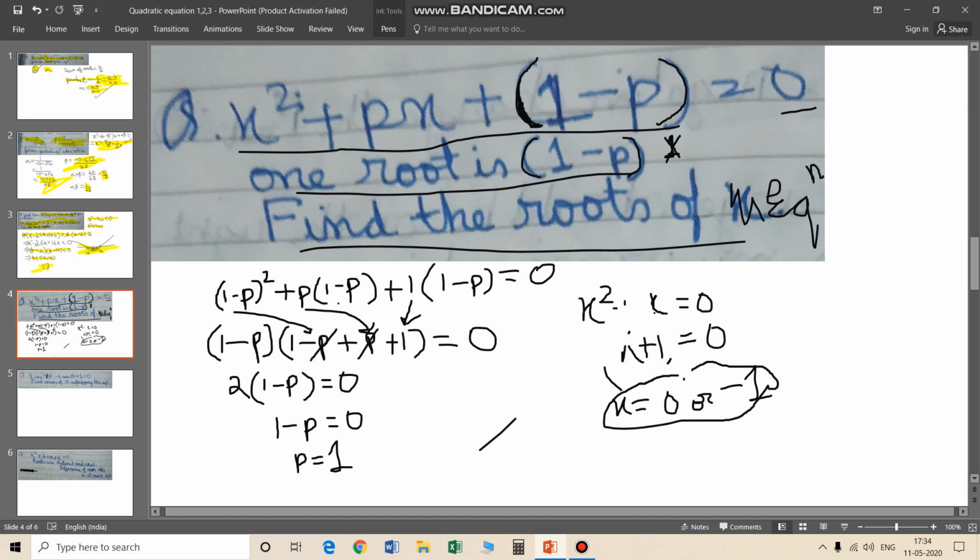This was x into x plus 1, and here was x squared plus x, and the terms cancelled. Then we can find the value of p as 1, and then the product of the roots will be 0. If this is 0, then for the product to be 0, this can be any number. So be cautious. I warn you about this process.